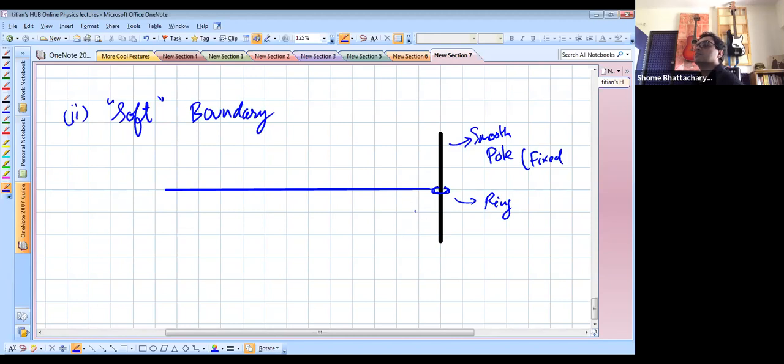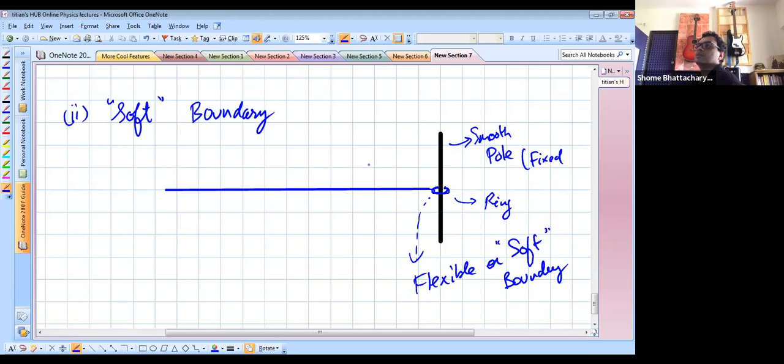So then this becomes what we call a flexible or soft boundary, because as you can see the surface of the pole is smooth, so it does not offer any resistance to the motion of the ring in the vertically up and down direction.